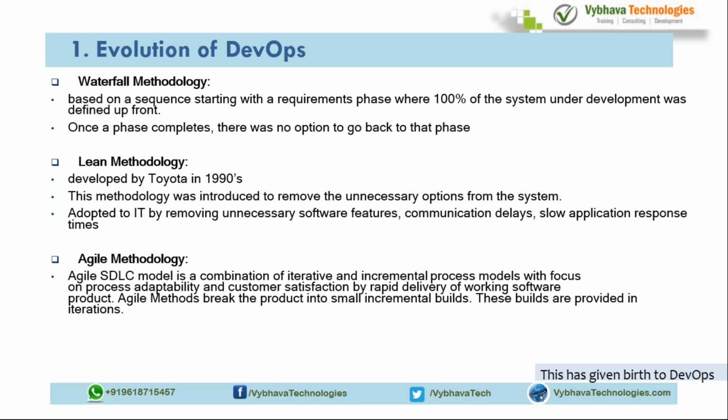The rapid delivery of working software products. So you are going to have every requirement in small pieces, and it will be an incremental build. The market requirements, customer requirements, client requirements will be broken down into small pieces and handled by different teams, so that the build process will be simplified, and these builds are provided in iterations.